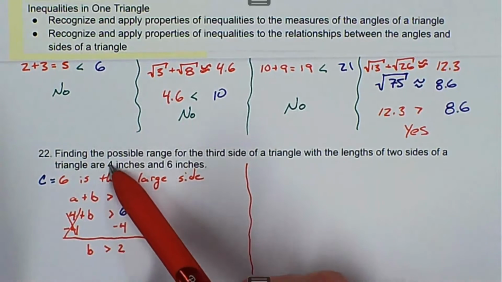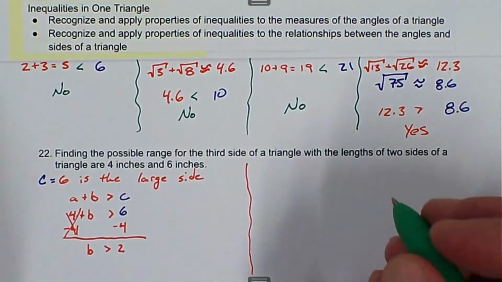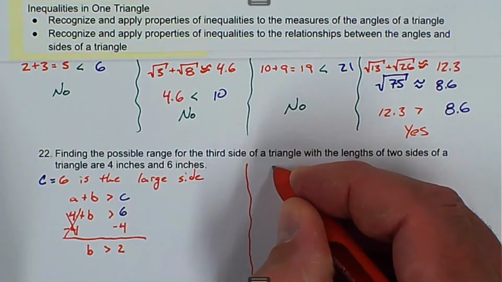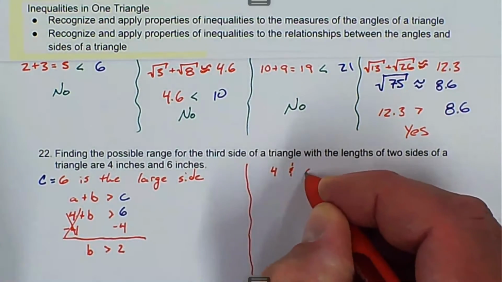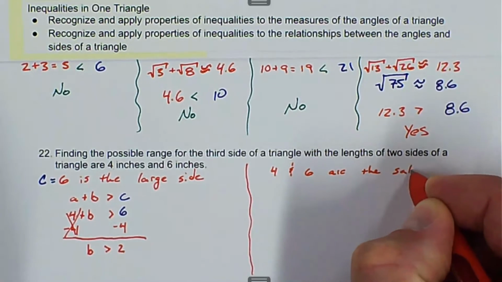The other way we can pick it is the two small sides. So instead of saying that x is the largest side, we'll say 4 and 6 are the small sides.